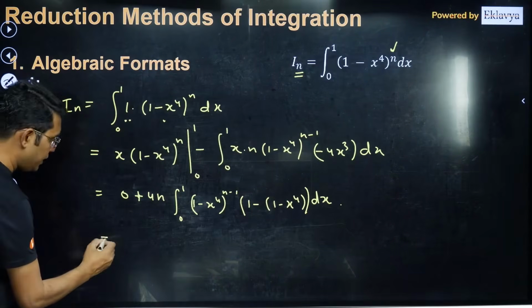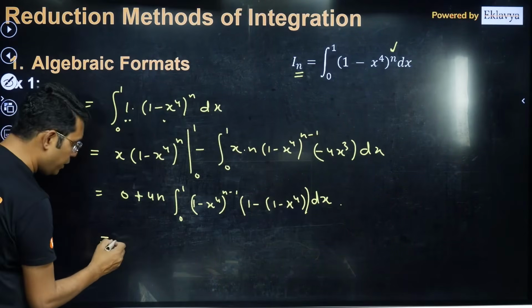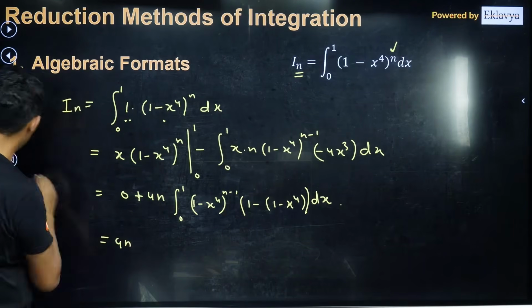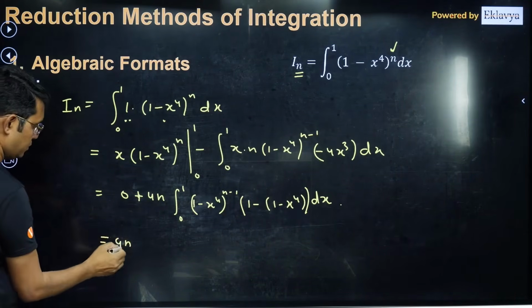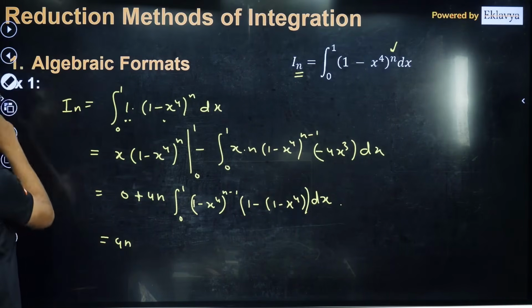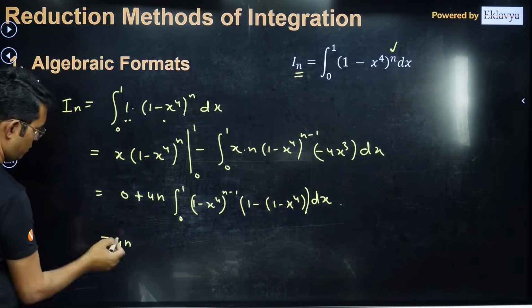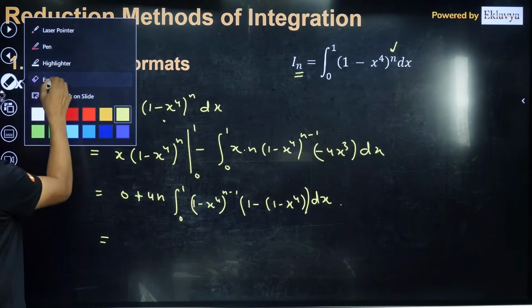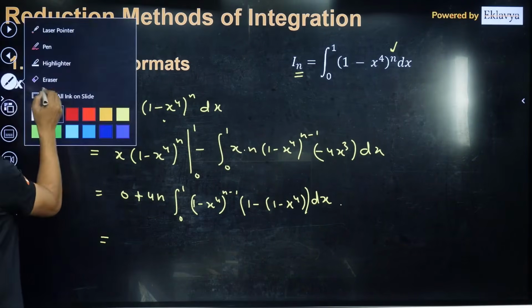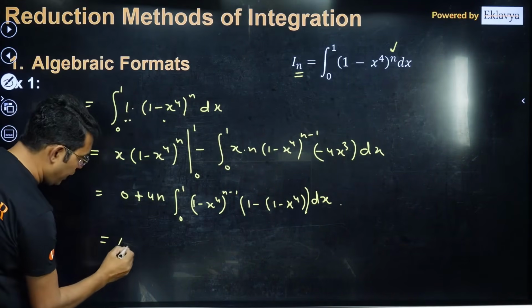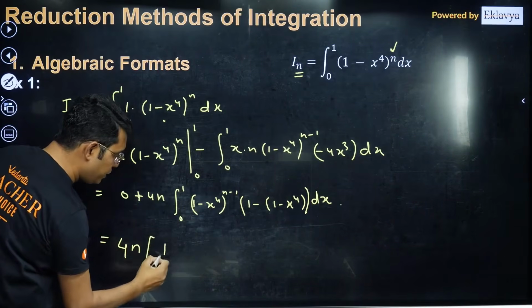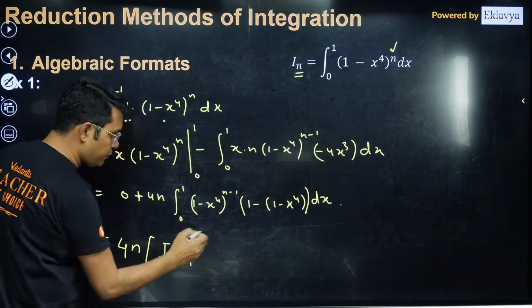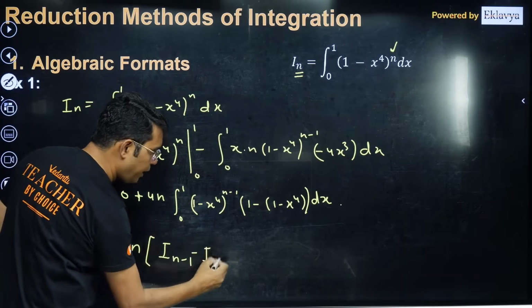So here you can see this n is becoming 4n outside. If you multiply this bracket with 1, the first thing can be written as Iₙ₋₁ and then minus Iₙ.